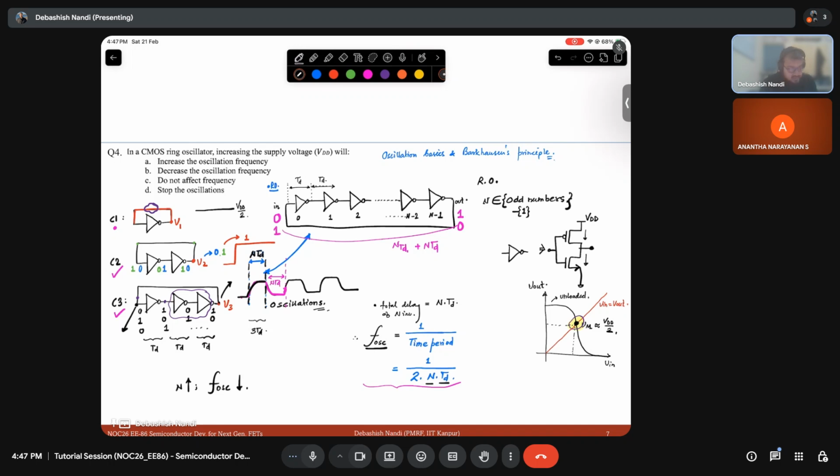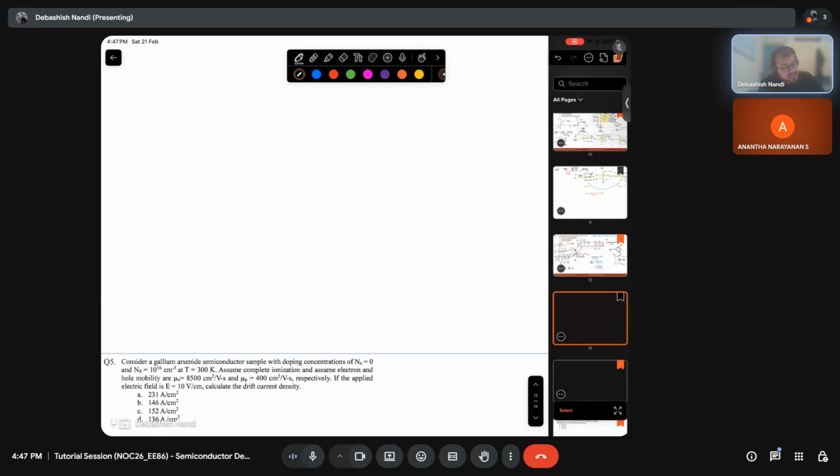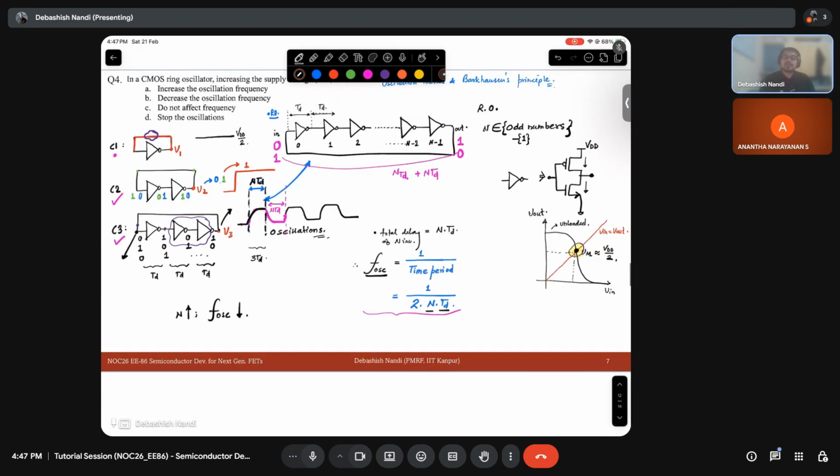Now the question is, how does your supply voltage interact with this? See, this is constant. N is not a function of supply voltage for sure, because we are not minimizing anything. So what is the function of supply voltage?